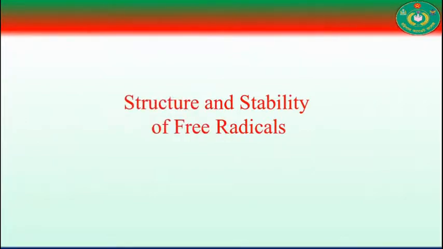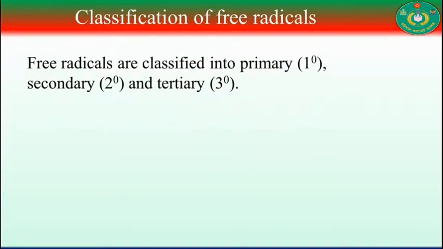Now I will discuss the structure and stability of some free radicals. First of all, classification of free radicals. Free radicals are classified into three types, namely 1 degree or primary free radicals, which contain only one R or one alkyl group and two hydrogen atoms.